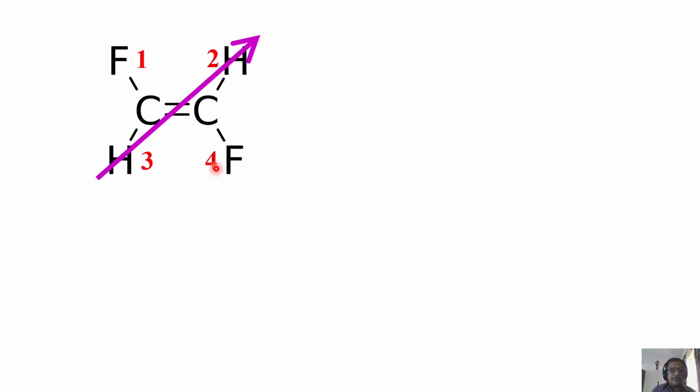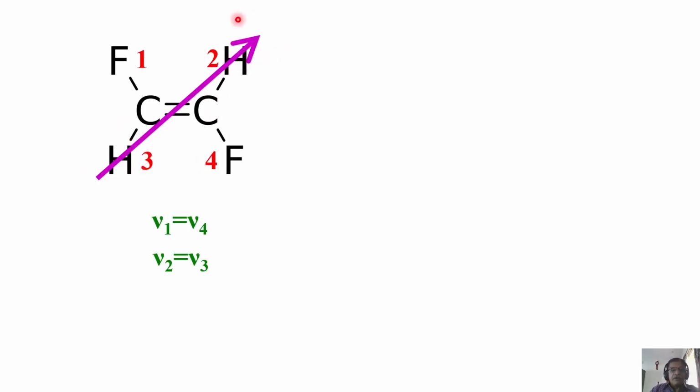Because of the symmetry axis, fluorine 1 and fluorine 4 are chemically equivalent. So the resonating frequency for this fluorine and this fluorine are the same. They come at the same chemical shift. So nu1 is equal to nu4. Similarly, look at the protons. Nu2 is equal to nu3 because of the symmetry operation.